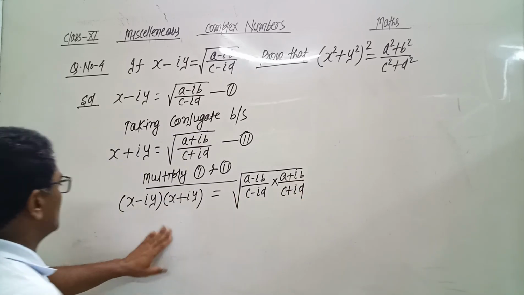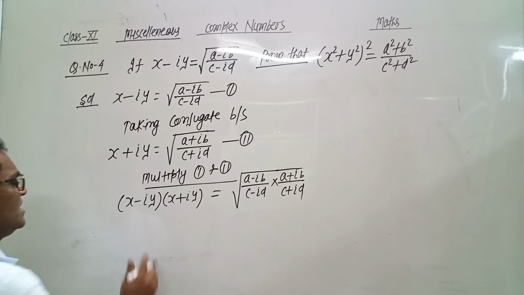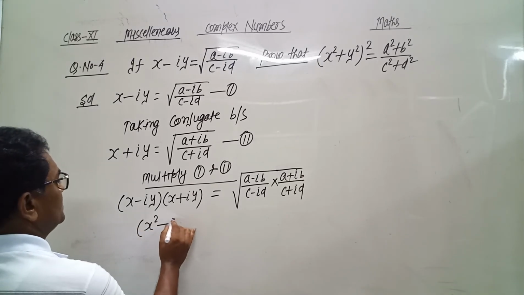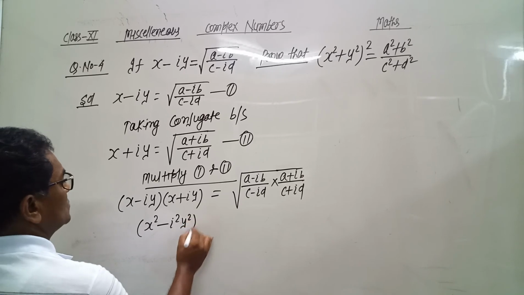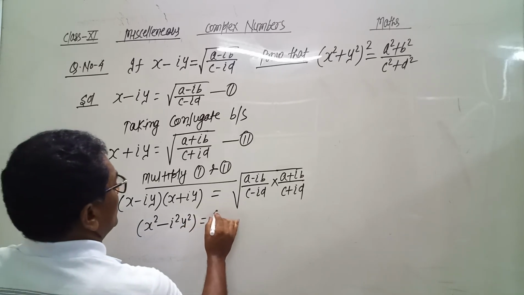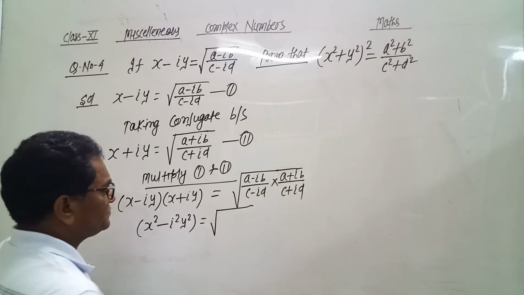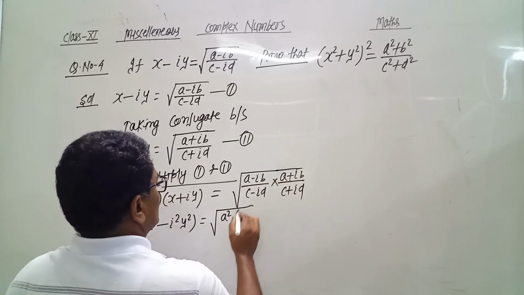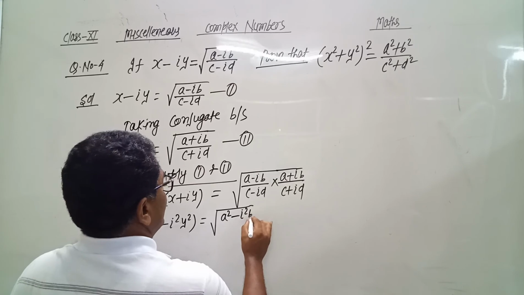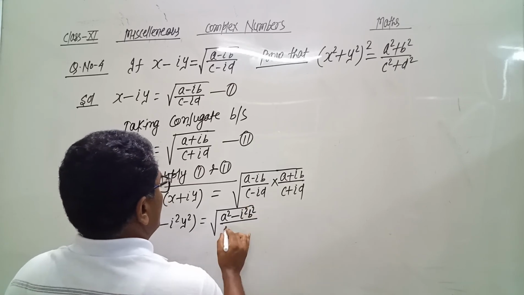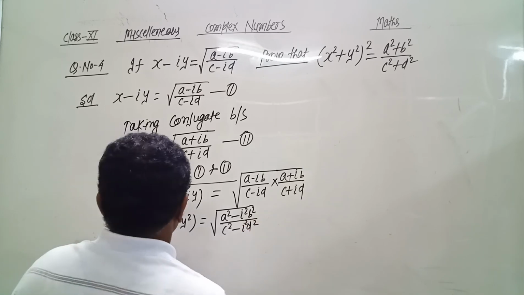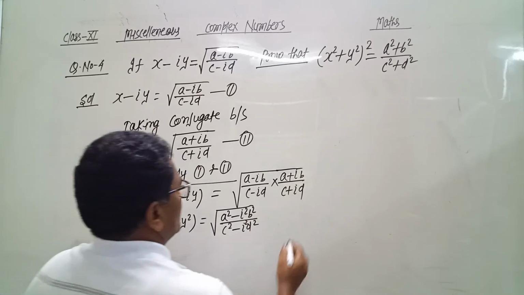We use the formula (a minus b)(a plus b), so x square minus iota square y square equals the square root of (a square minus iota square b square) upon (c square minus iota square d square).